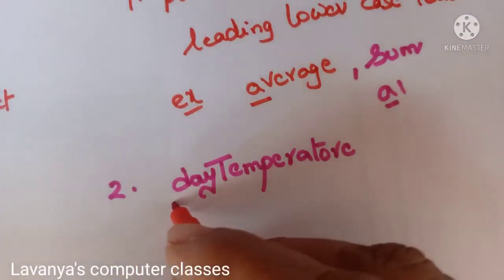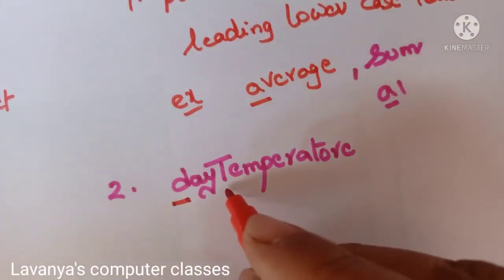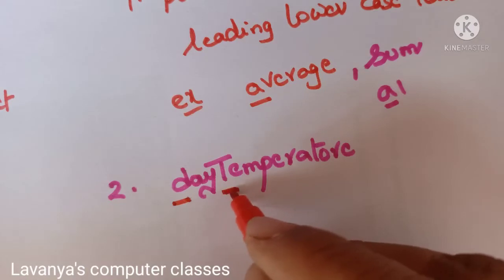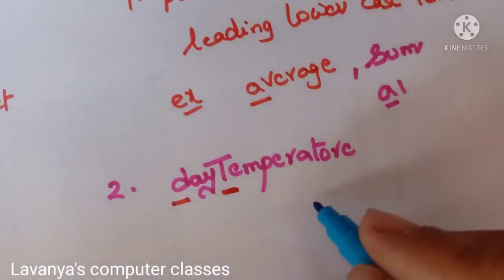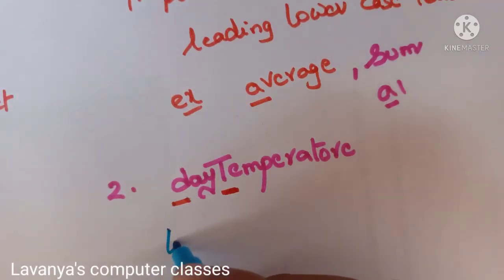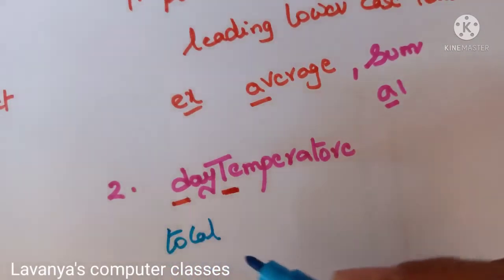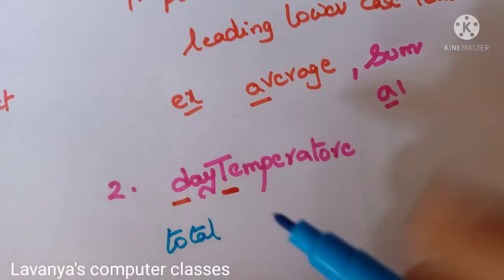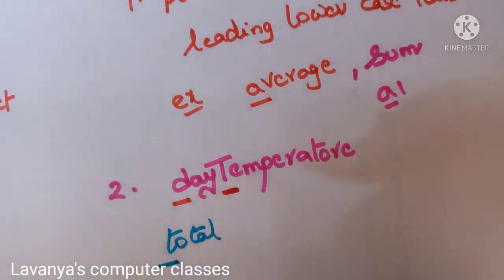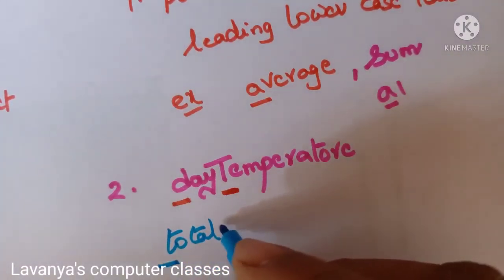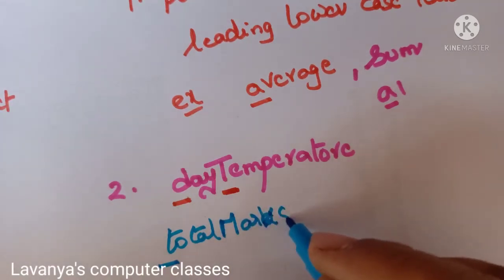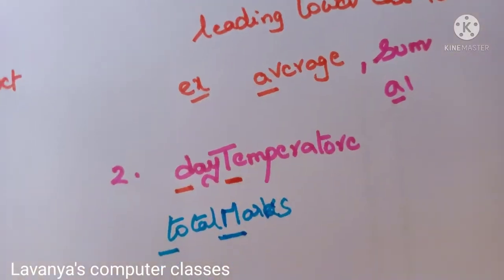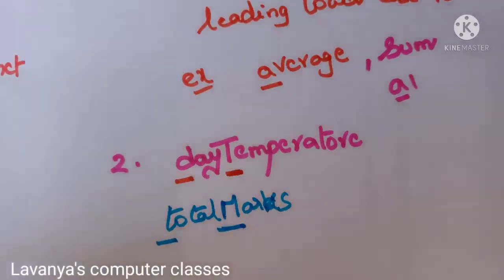So the first character should be small, but the second word's first character is a capital letter. Total marks: there are two words, one is total, second one is marks. The first word's first character should be small, the first character in the second word is capital. So you can keep it like this, totalMarks.